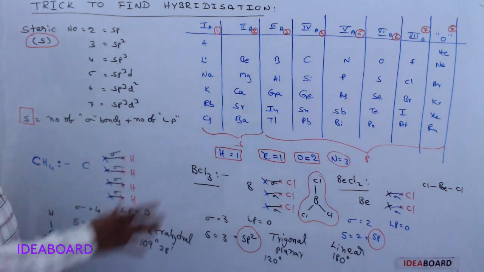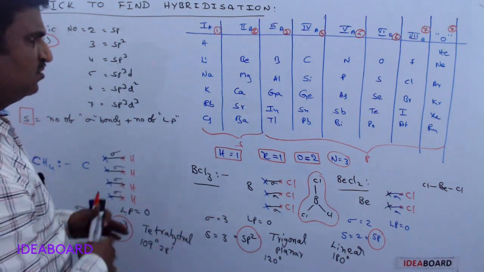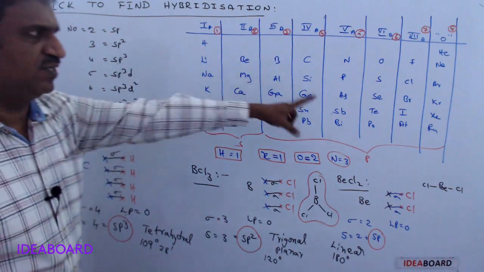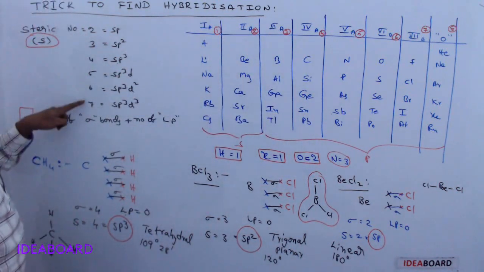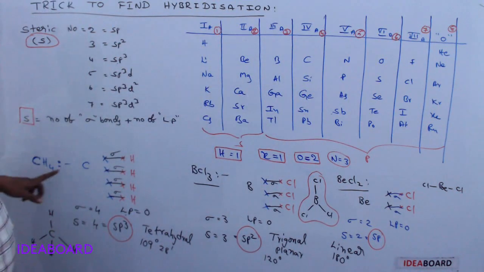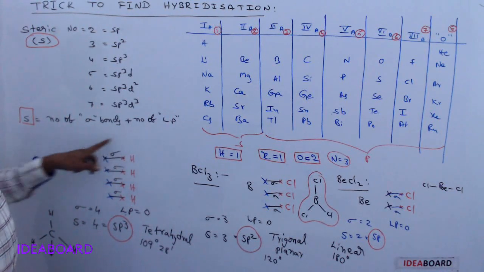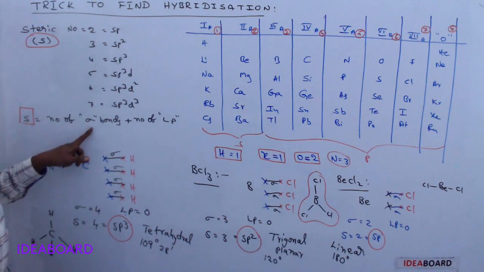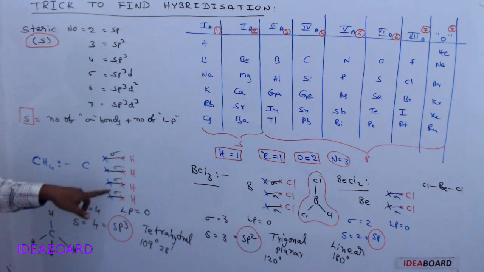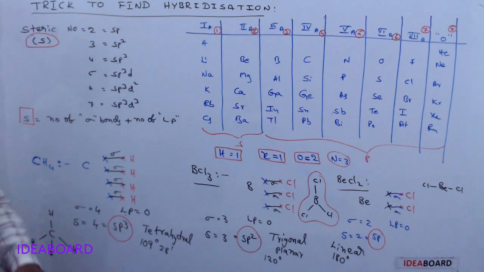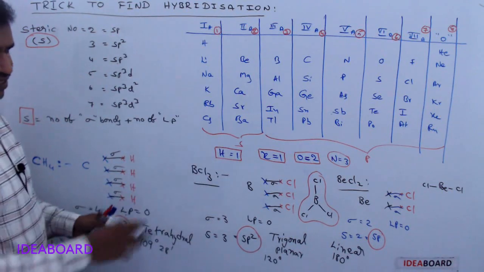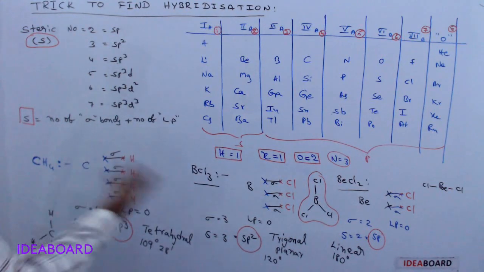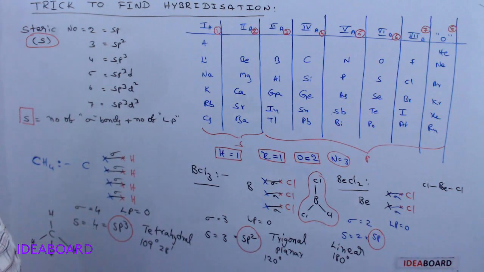Please remember this table for finding hybridization. It is better to know this first, and then check it based on the steric number you are getting. How can we calculate the steric number? It is the number of sigma bonds plus the number of lone pairs. How can we get the sigma bonds? All the single bonds formed are sigma bonds. If there is any pi bond present, what happens? I will give one more example.